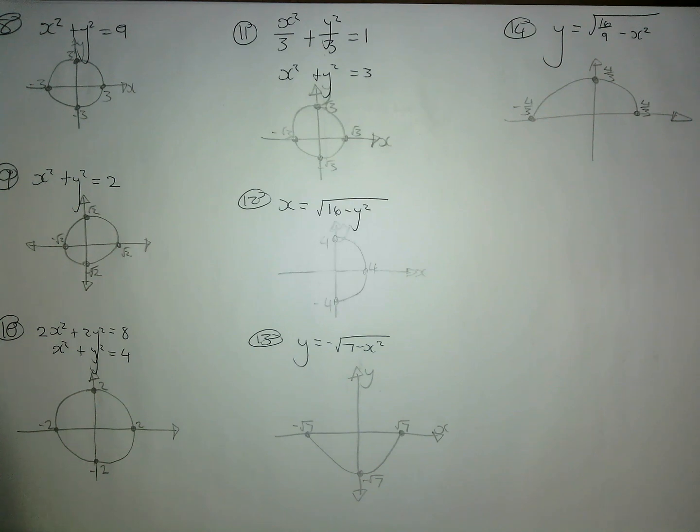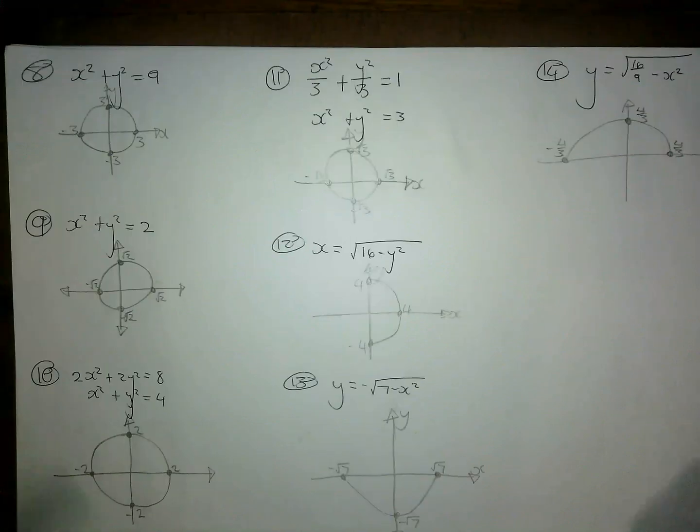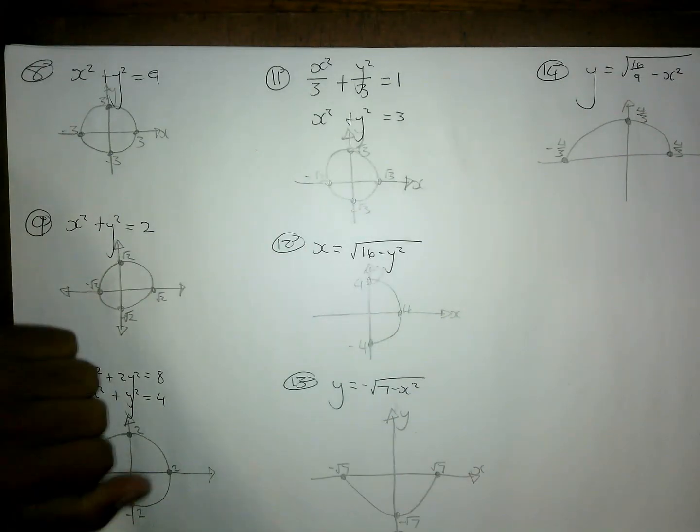We have some more graphs, and the next one is a circle. I'm going to show you now. The question says to plot and draw. They give you an equation, and all we do is plot and draw. So they give us x squared plus y squared equals 9.